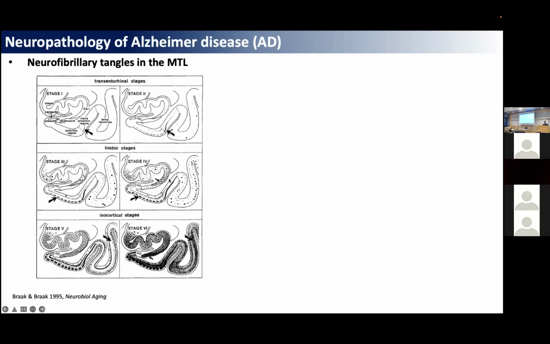So these early works are very important, but they are also somehow incomplete, since here we only see one slice located in the anterior hippocampus and MTL in general, and we don't have any information about what's happening in the posterior hippocampus or in the parahippocampal cortex.